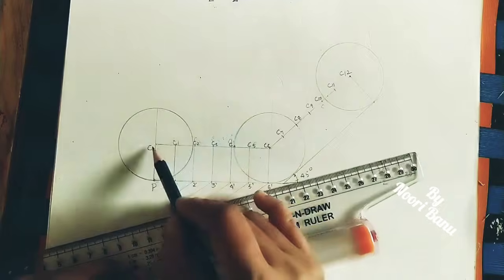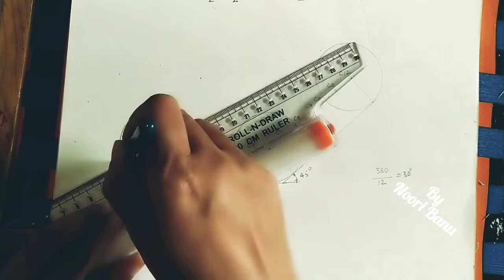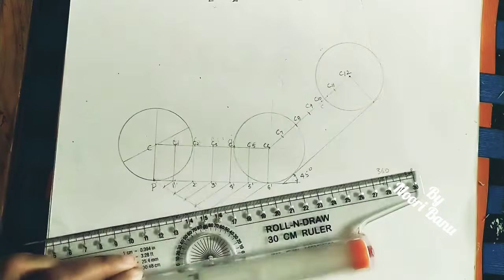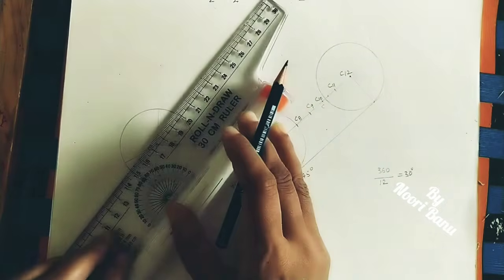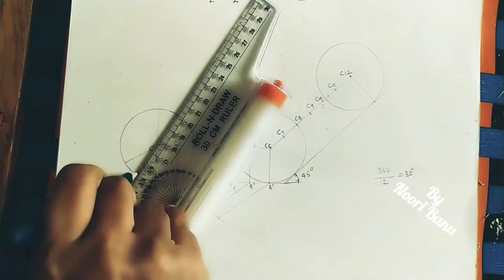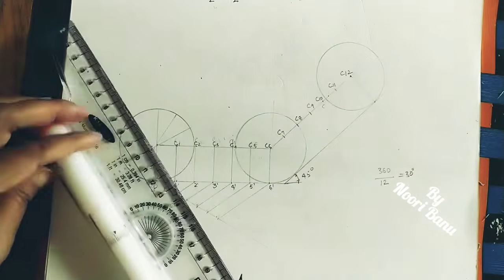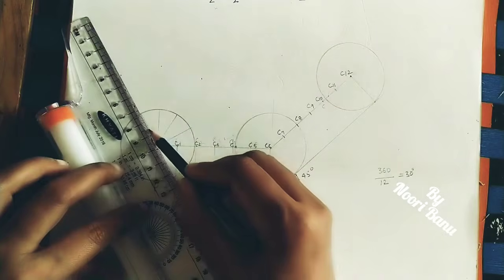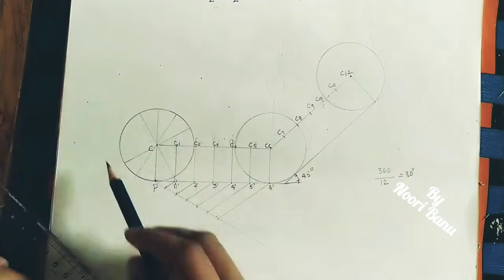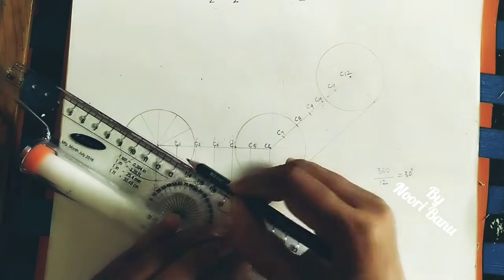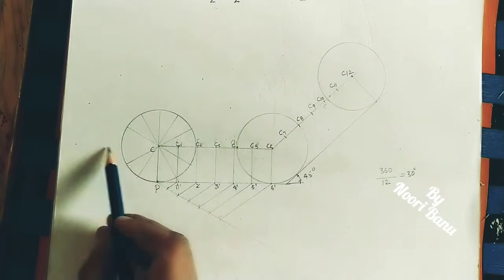Take the first point and draw the line within the circle. Join this point to the center. Now we have already drawn the vertical line. Take this point and center. Now this point to center. Now here this point to center.